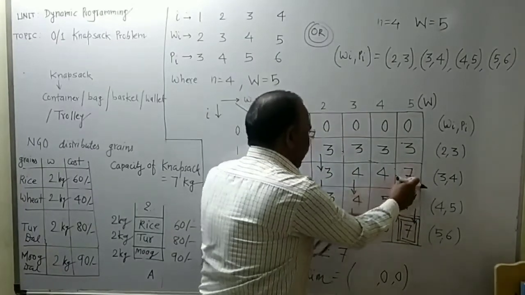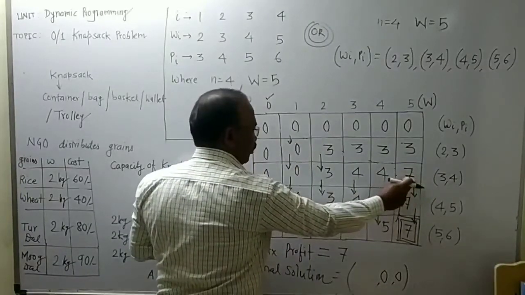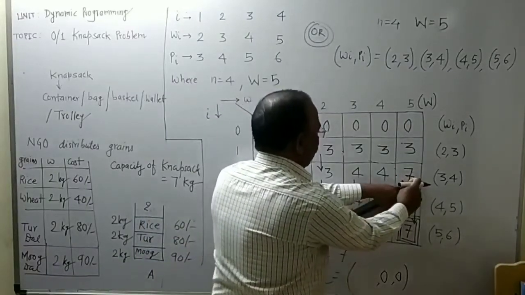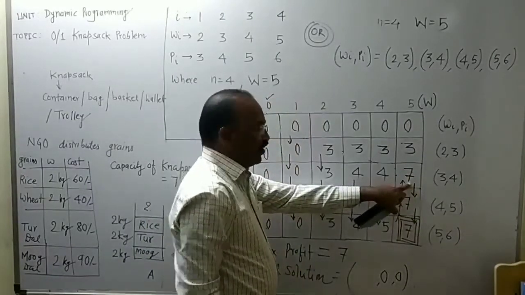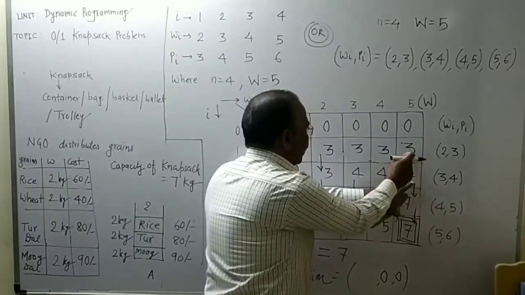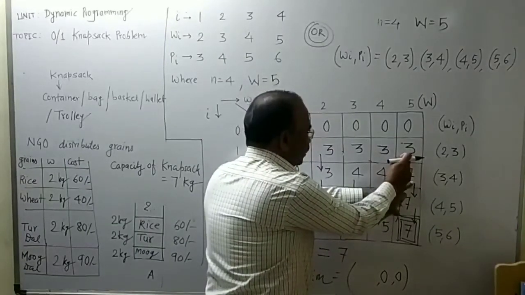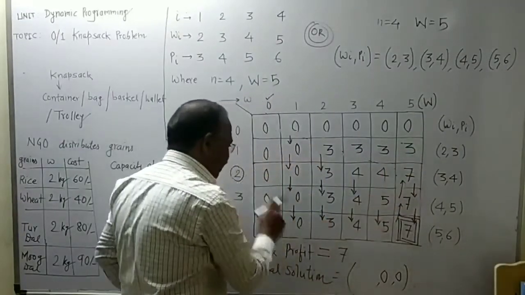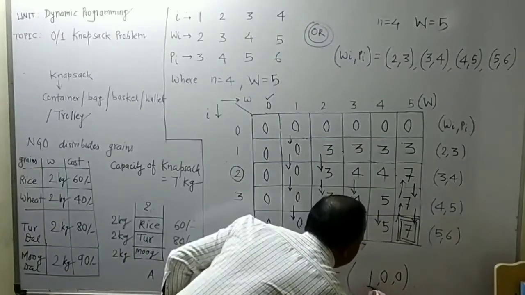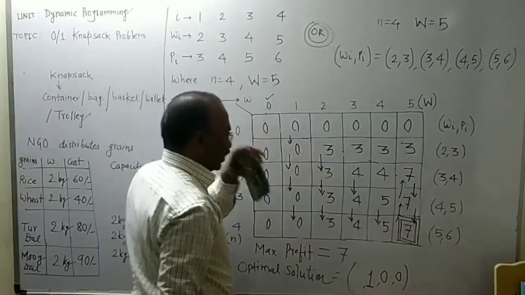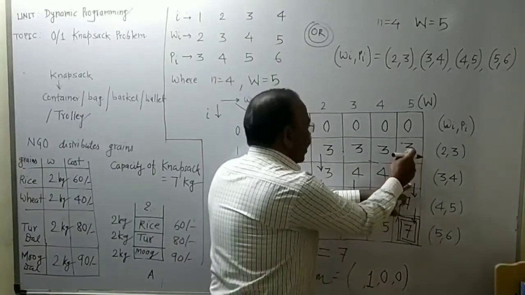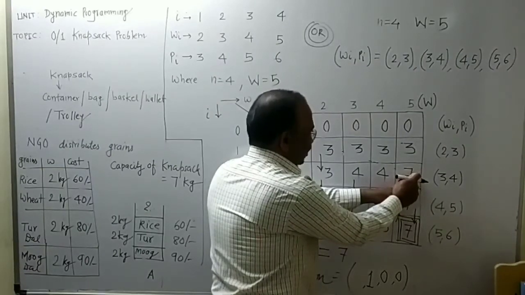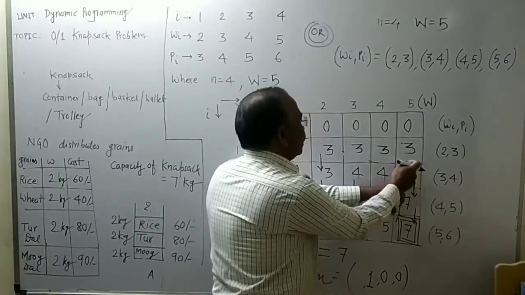Okay. Now here the upper cell row is 2, which means we have to check whether this object has to be included in the optimal solution or not. For that we have to see the upper value, that is 3. Here the 3 is not equal to the 7, that's why we can include the second object in the optimal solution. So write here 1. Now as the upper value is not the same as the value of this cell, we cannot go to the upper cell.